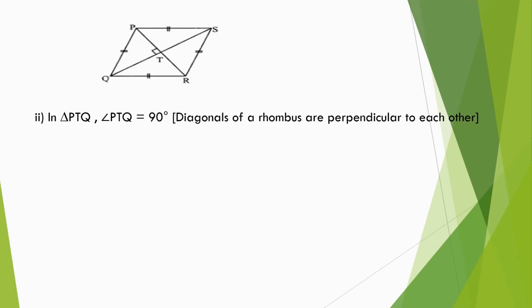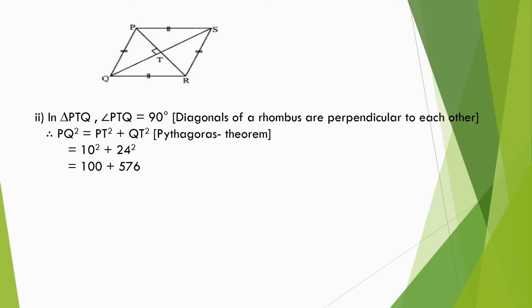And in triangle PTQ, angle PTQ is equal to 90 degrees because the diagonals of a rhombus are perpendicular to each other. Therefore, triangle PTQ is a right angle triangle. Therefore, by the Pythagoras theorem, PQ square is equal to PT square plus QT square, that is 10 square plus 24 square is equal to 100 plus 576, that is 676.